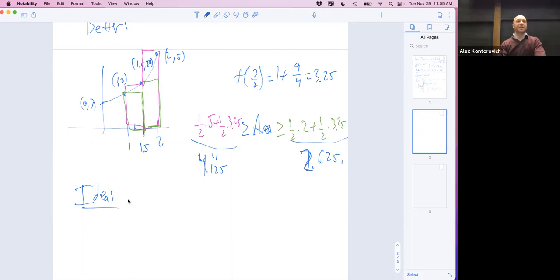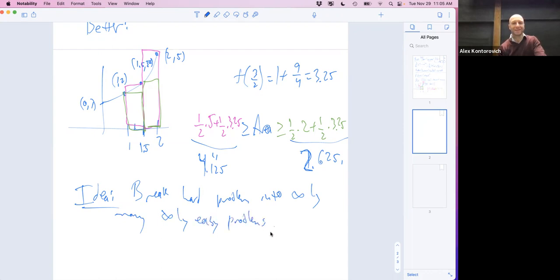The idea is, and I think I said this on day 1, break a hard problem into infinitely many easy problems, and add them all up. Add all infinity of them up.